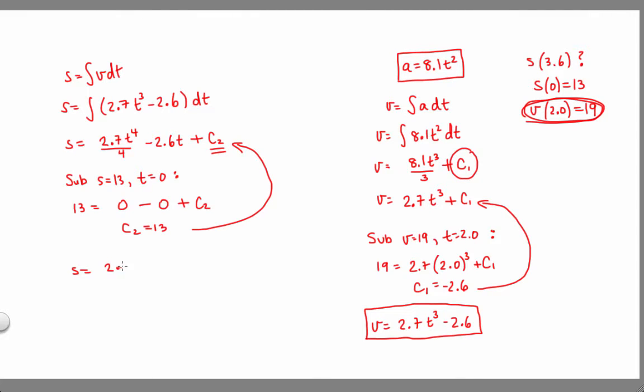So s is equal to 2.7 t to the fourth over 4 minus 2.6 t plus 13. Alternatively, we could have actually simplified that decimal, so if you want you could write s equal 0.675 t to the fourth minus 2.6t plus 13. Either way is fine here, since both expressions are exact.